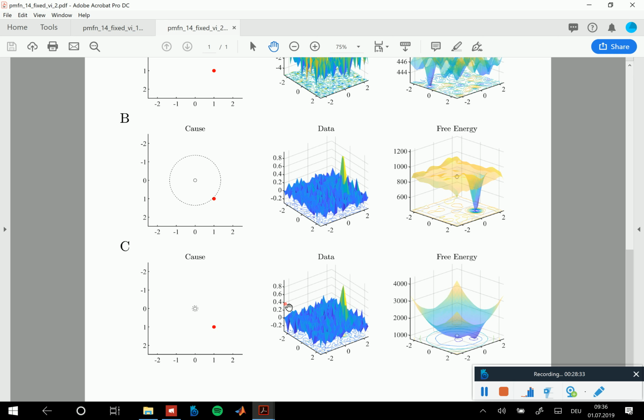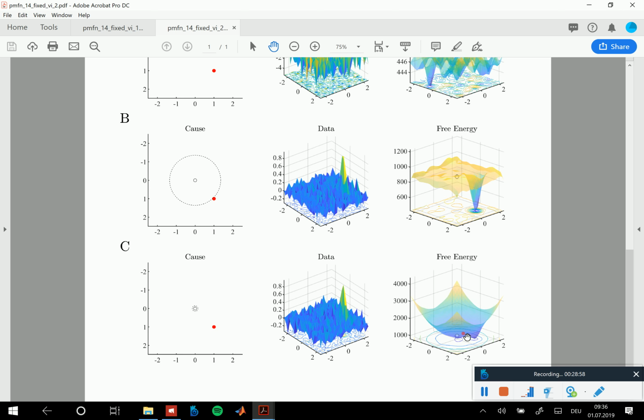And finally, this is not really a problem, but more like a feature of the whole thing. It shows also a kind of boundary case where you would basically stay with your prior. If you have a very tight prior on where the cause is, you still have relatively good data, like in this case.